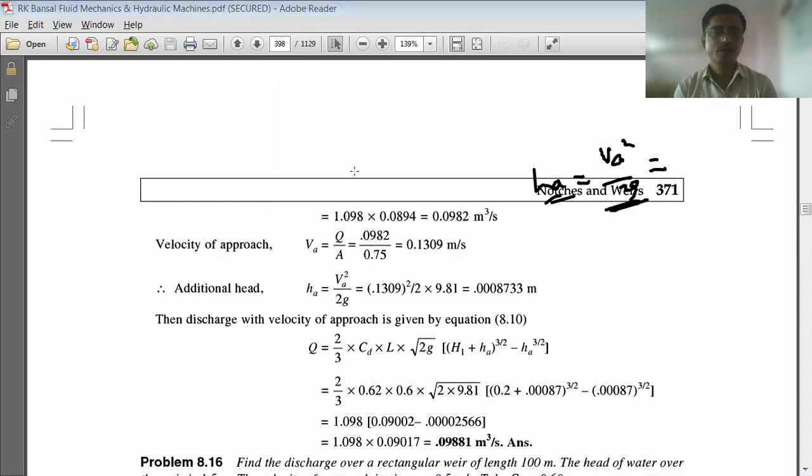0.0988 correct. Suprabha also got the correct answer. Okay, others please put your answers in the chat box.